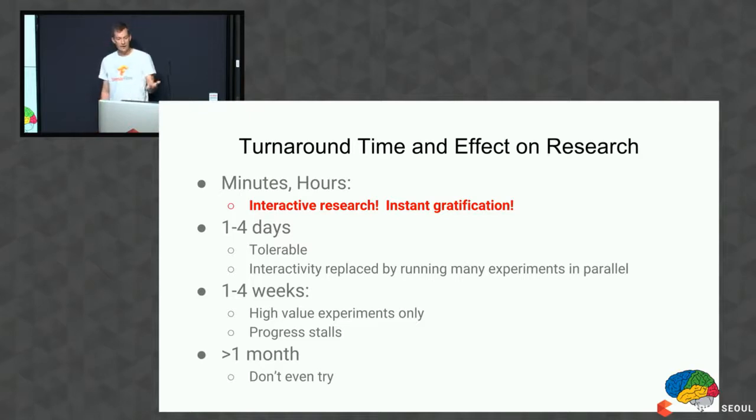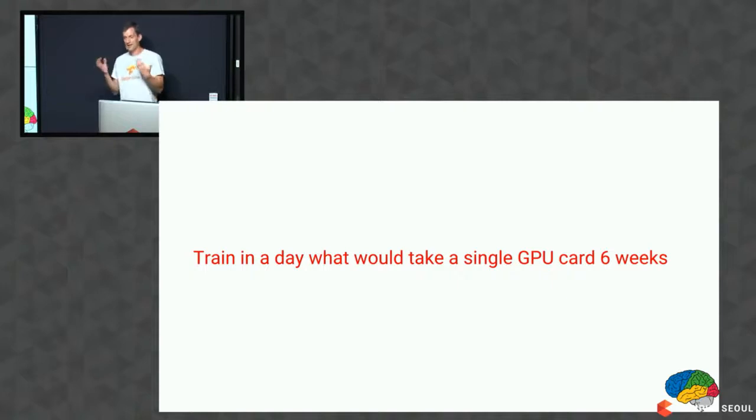So we emphasize a lot in our work the ability to go from an idea to training a model in minutes or hours. So train in a day what you could do on a GPU card in 6 weeks or something is what we really aim for, because it makes everyone doing this kind of research more productive.